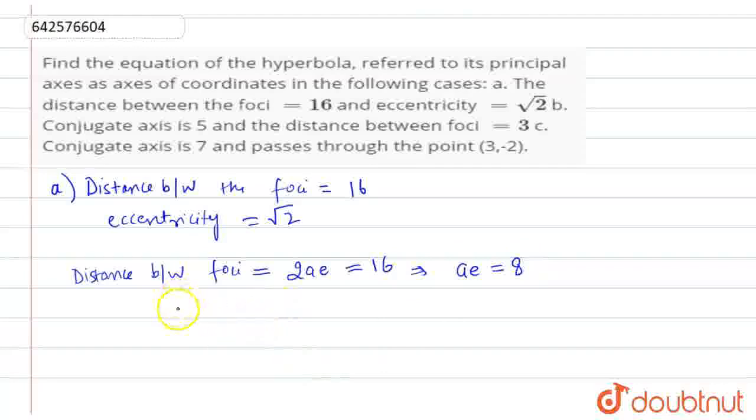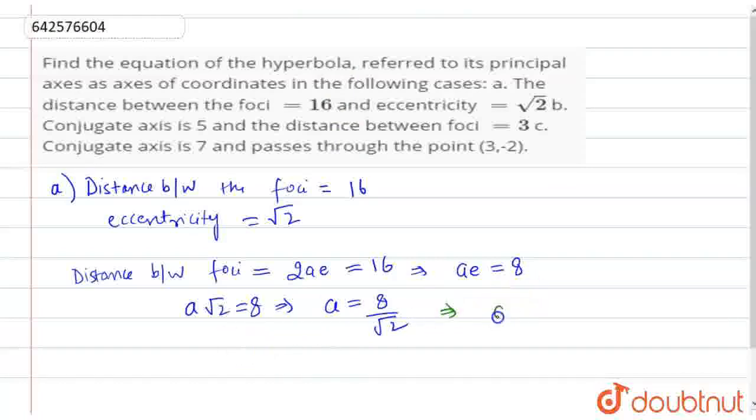As we know, the E equal to root 2, so A root 2 will equal to 8 and A is equal to 8 by root 2. So the value of A square will be 64 by 2 will be equal to 32.